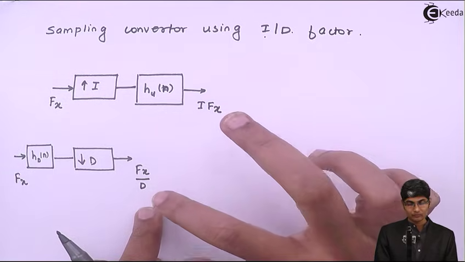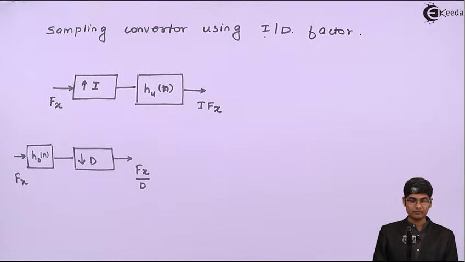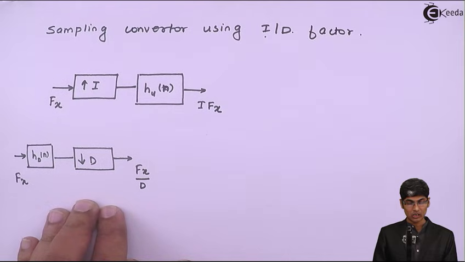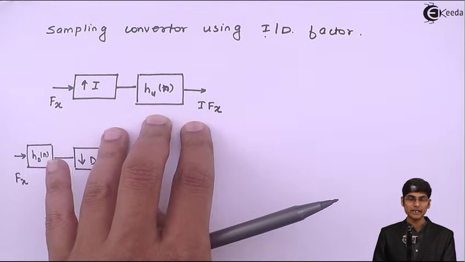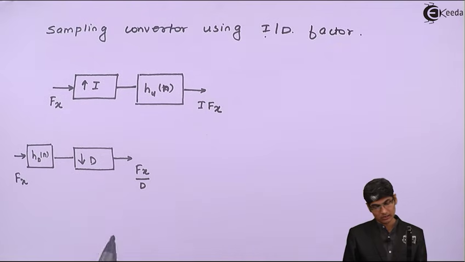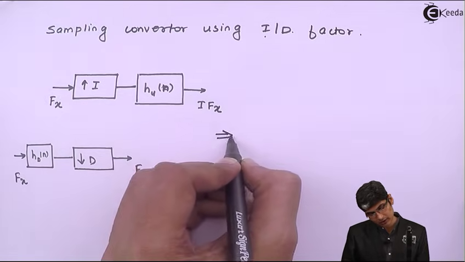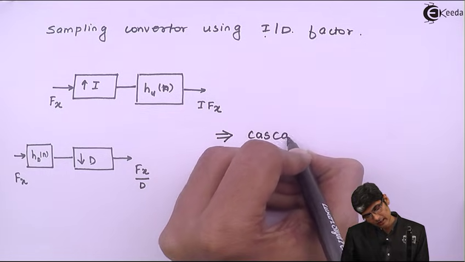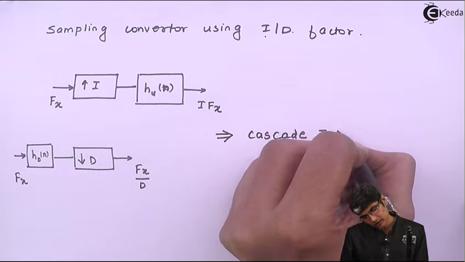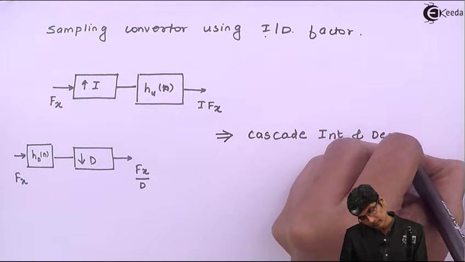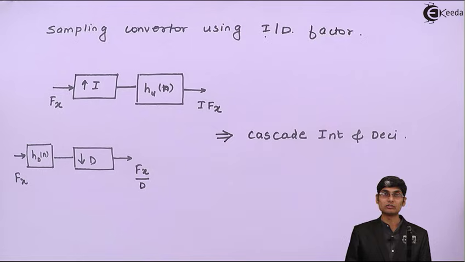So to do this, I will cascade the systems because I want multiplication in the process. Multiplication means cascading, so I want to cascade these two structures. Cascading can be done by placing D and then I, or I and then D. We have concluded that we need to cascade the interpolator and the decimator.